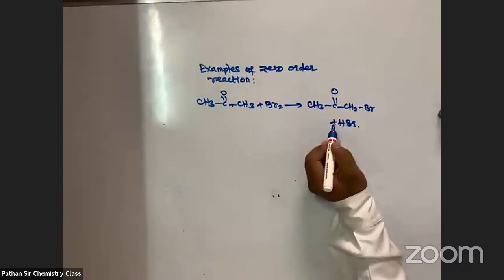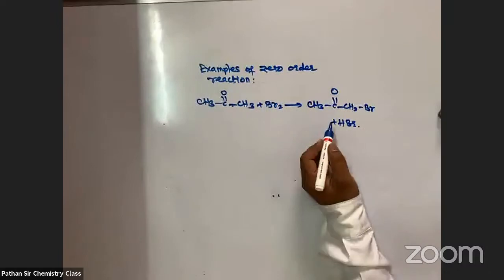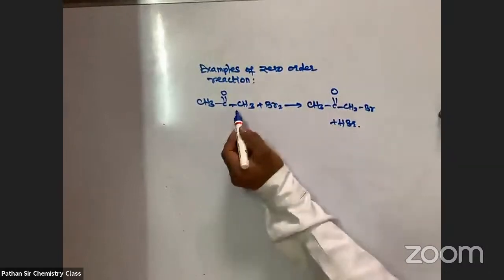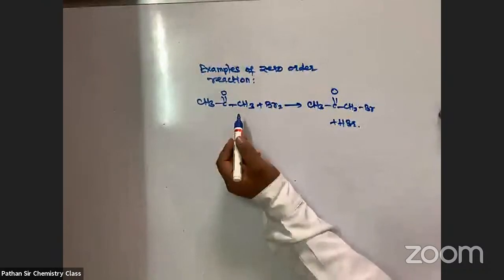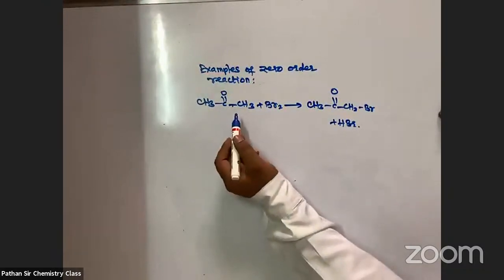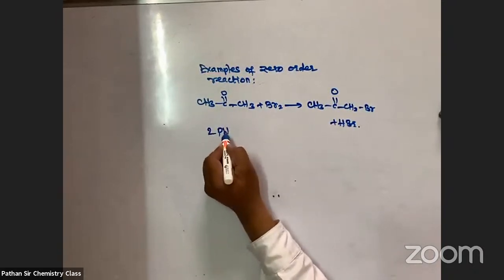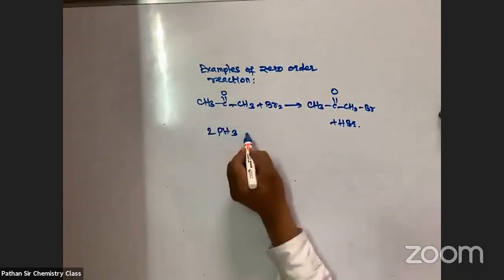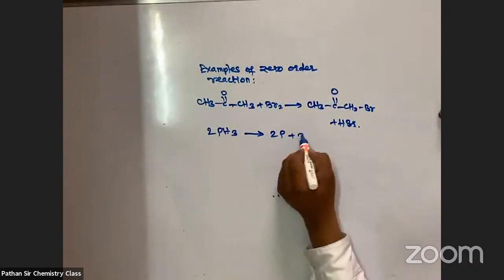This reaction follows the zero order rate law. That means the rate of reaction does not depend upon the concentration of acetone or the concentration of bromine. So this is one example of a zero order reaction. Another example is the decomposition of PH3, which forms 2P plus 3H2.